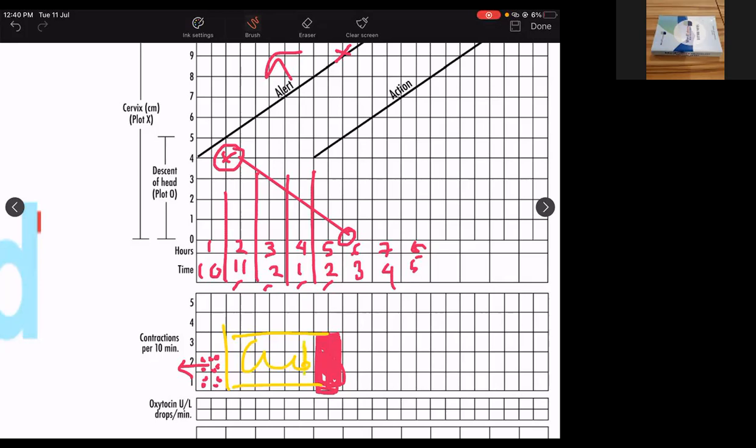So this will be a continuation of your strong contractions. But don't waste your time in the exam shading all these boxes. If you come at 2 and she's having this 3, if you shade this 3 and leave this place empty, nobody will catch you. It is when you have finished and you want to beautify your partograph that you can shade all these remaining places. But otherwise, you can leave them empty.